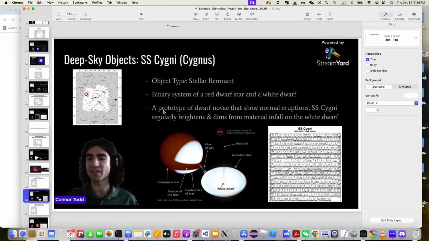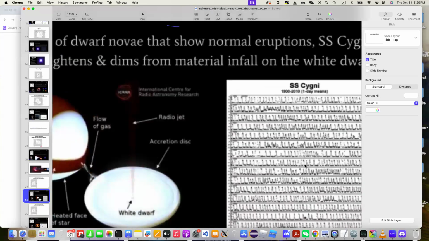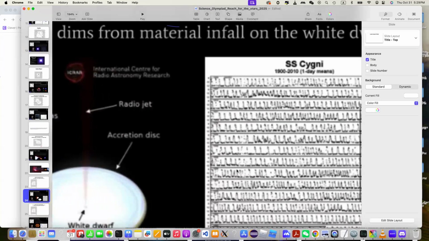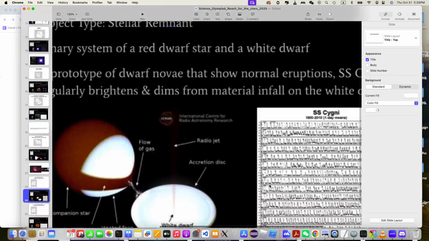It is a prototype of dwarf nova that shows normal eruptions. You can look at the variability curves, the light curves, and you can see that there is some periodicity happening, but not that irregular.